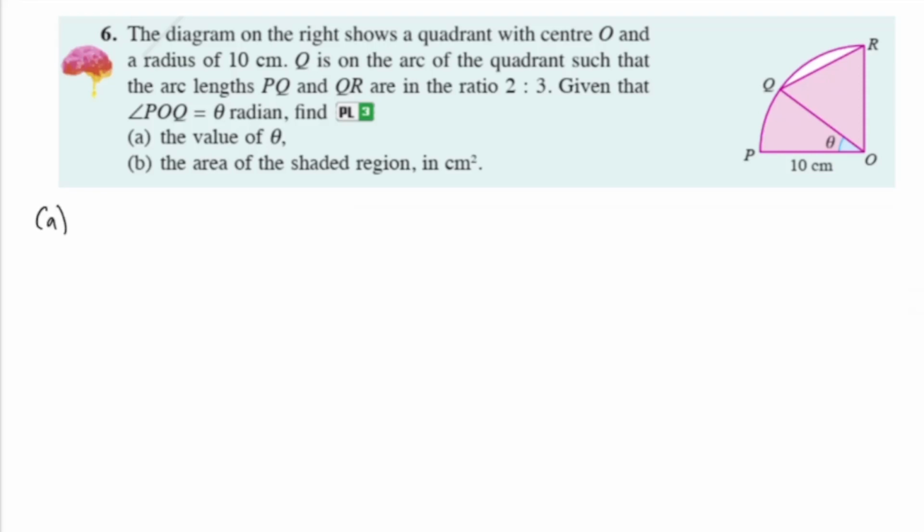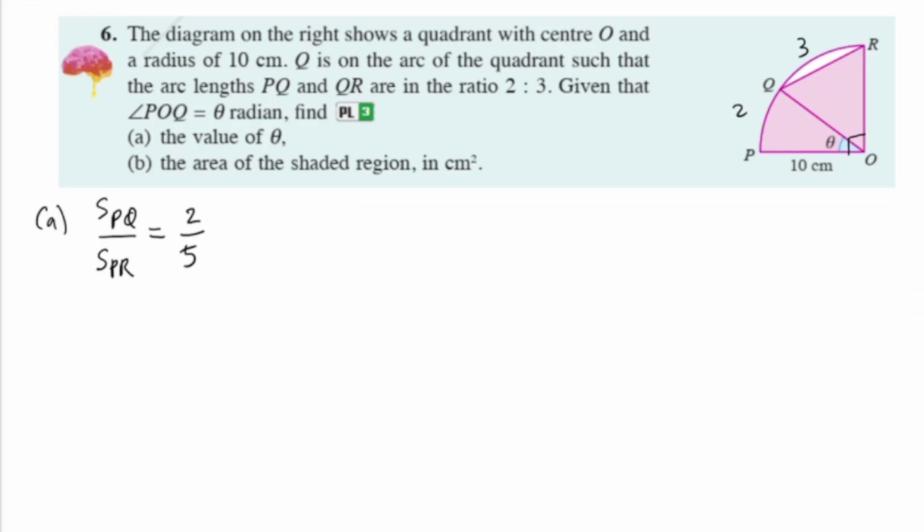We know the length of arc PQ, but instead of using PQ to QR, let's use PQ to PR. Why? Because we know the angle subtended by arc PR, the quadrant, is 90 degrees, which in radian is pi over 2, right? We know this ratio is 2 is to 5 because this is 2 to 3, and if you add up the whole thing, the ratio is 5.